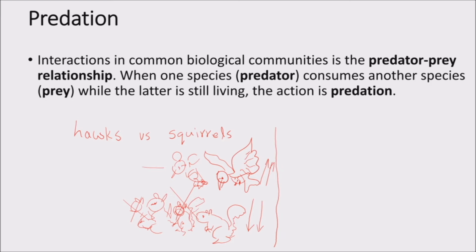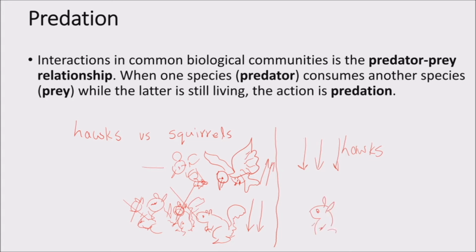So what happens again? When the situation is like that, let's say this is the hawks population. That goes down. When the hawks population goes down, the death rate of squirrels is less because they can survive more now, since there are fewer predators.